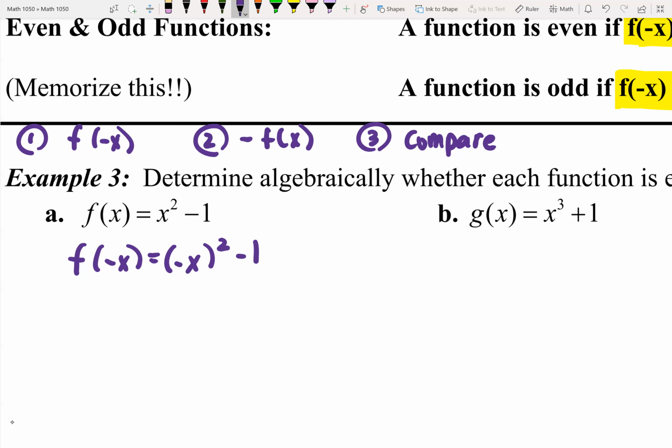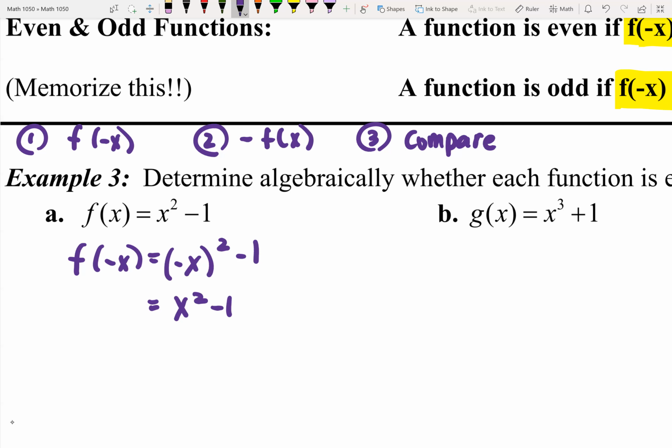It has to look like that. The negative x has to be in parentheses. If you write it without parentheses, that is wrong, because the negative is not squared in what I've written, and the negative is supposed to be squared. If that's all you write, then that's points off. You have to simplify it. So a negative squared is a positive x squared minus 1.